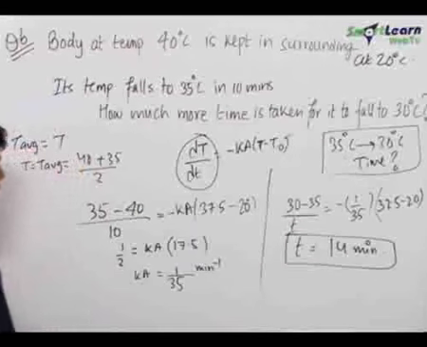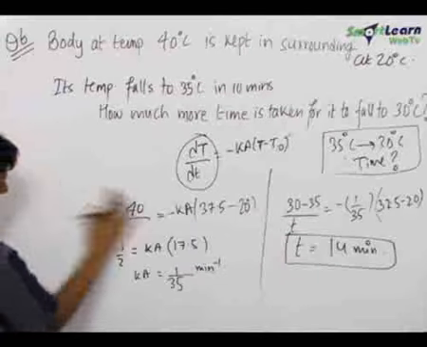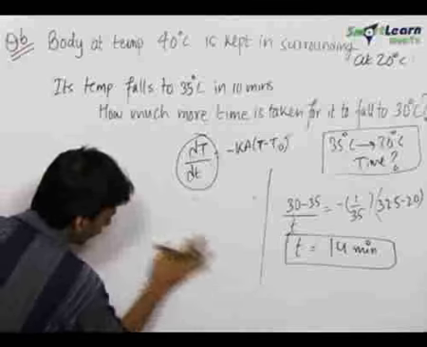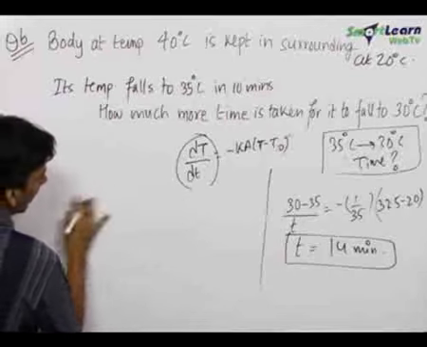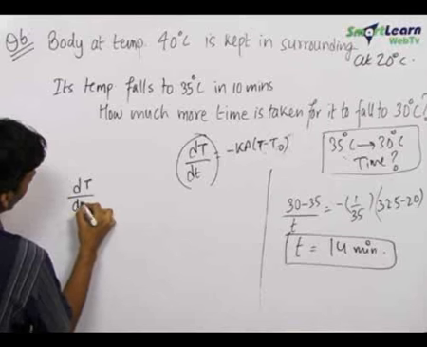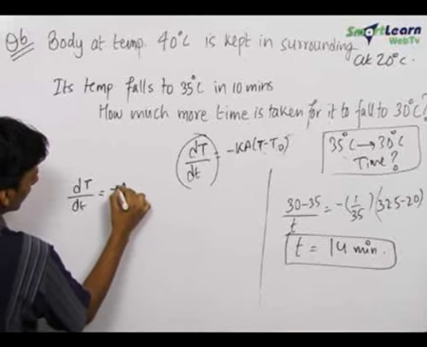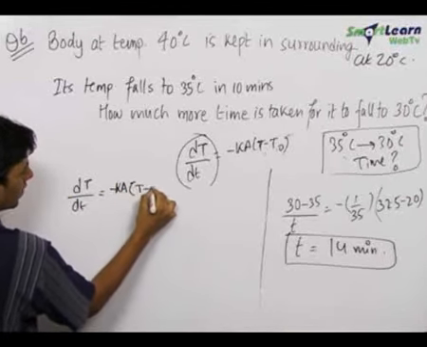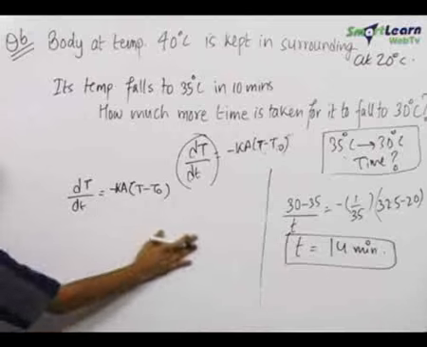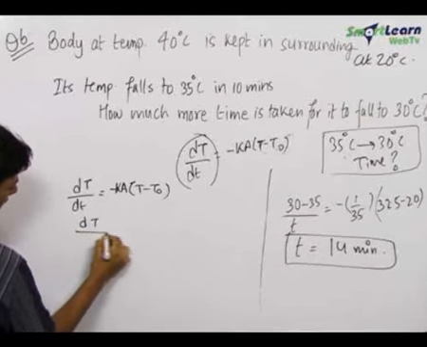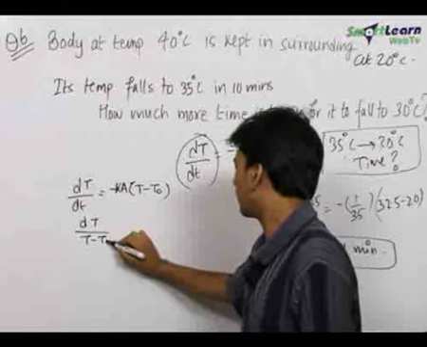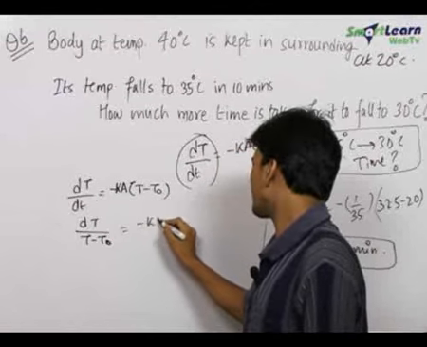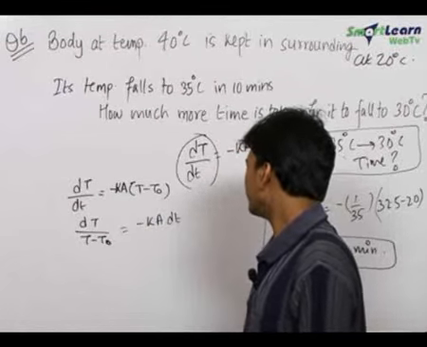Now there is another way to solve this question. If you do not want to make this approximation by taking averages, you can use this method. This dT/dt is written to be equal to minus K into (T minus T naught). Now let us bring (T minus T naught) to the left side. This gives us minus K dt.